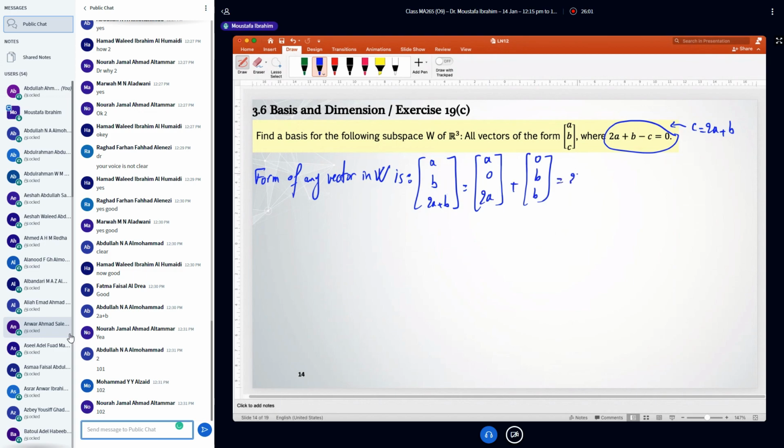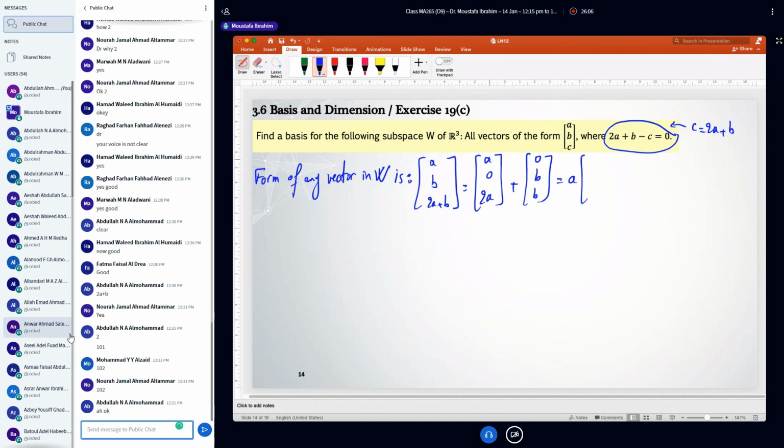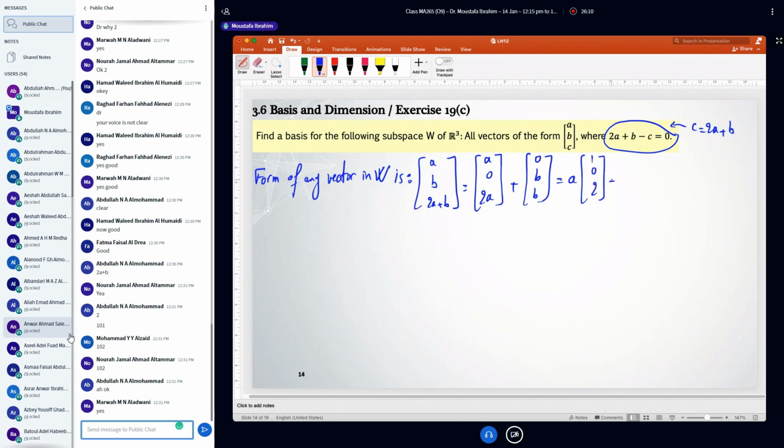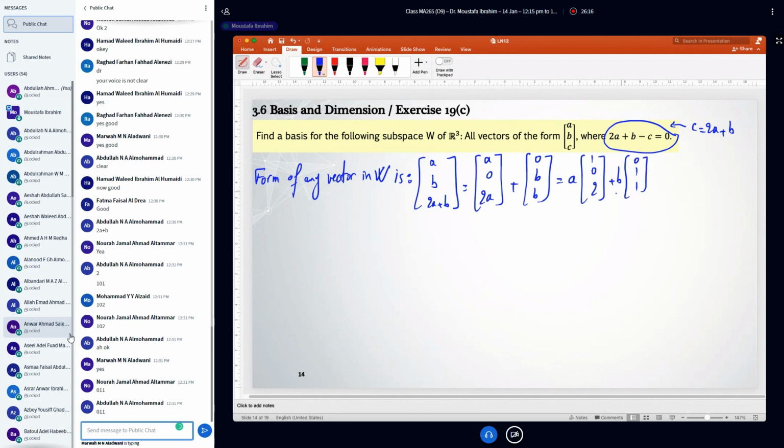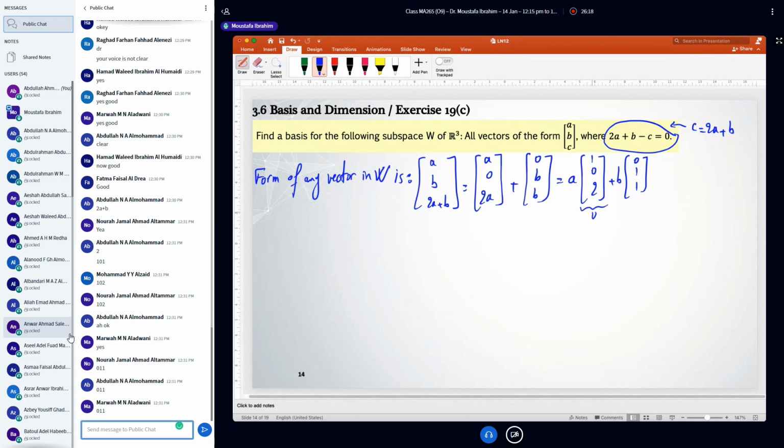If we take the common factor, what do we get? We get a times (1, 0, 2) plus b times (0, 1, 1). Very good. So here we have v1, we have v2, same. So v1, v2 spans W.